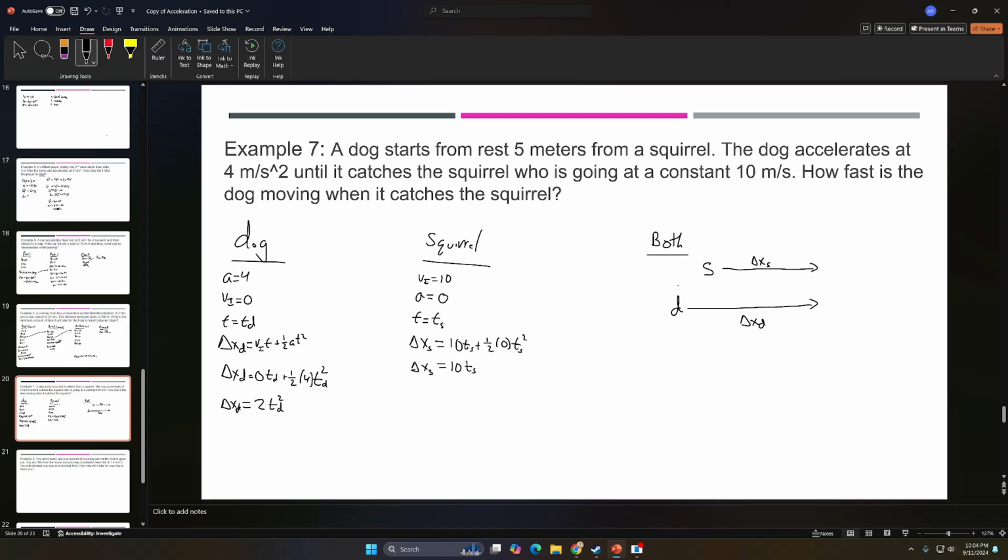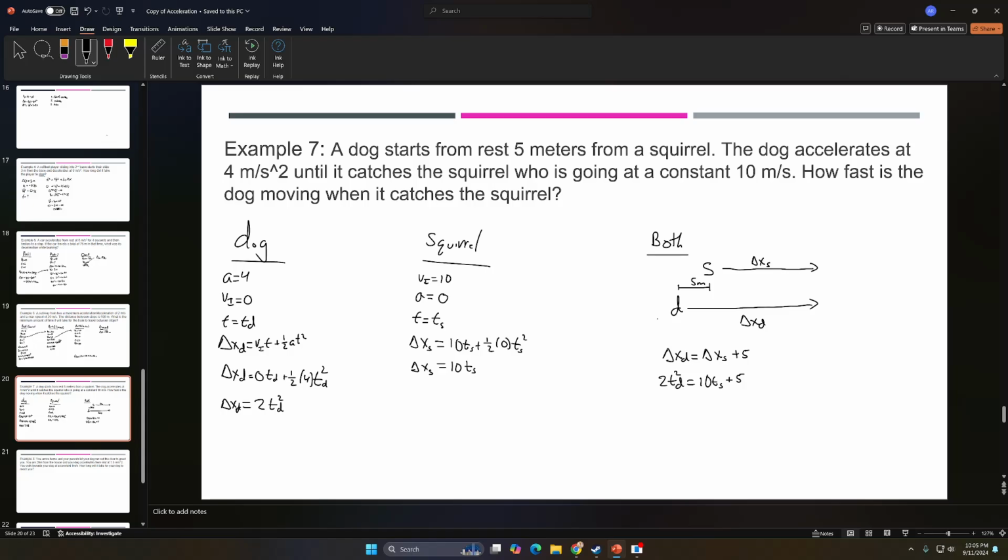And the final thing we were told is this distance is 5 meters. So if we look at this, all of a sudden we know the dog goes the same distance the squirrel goes plus 5. So change in x of the dog equals change in x of the squirrel plus 5. So I get 2t dog squared equals 10t squirrel, plus 5. Now, the last thing we have to do here is think about the time.